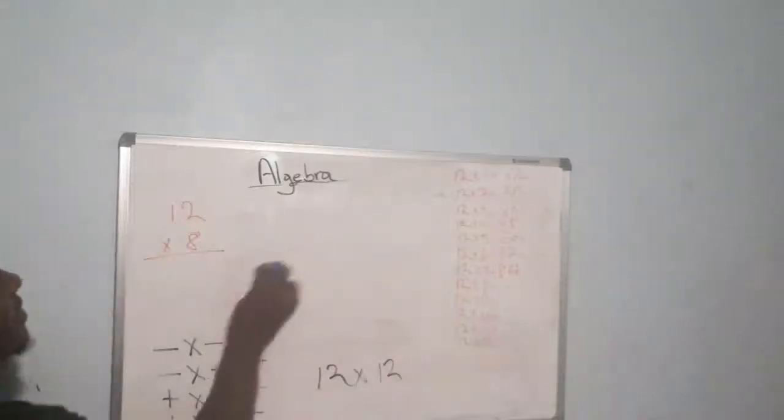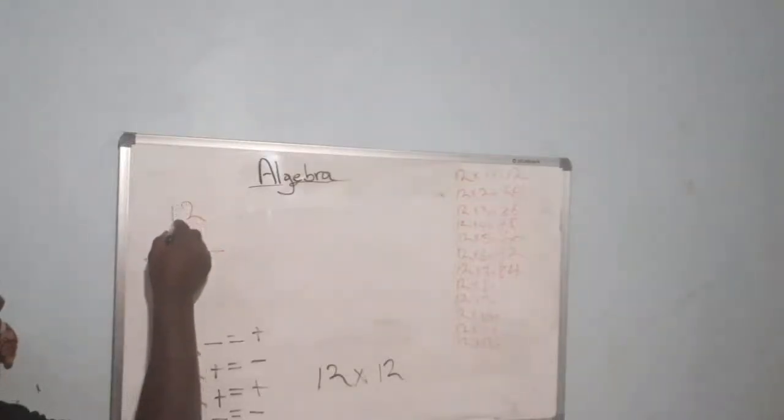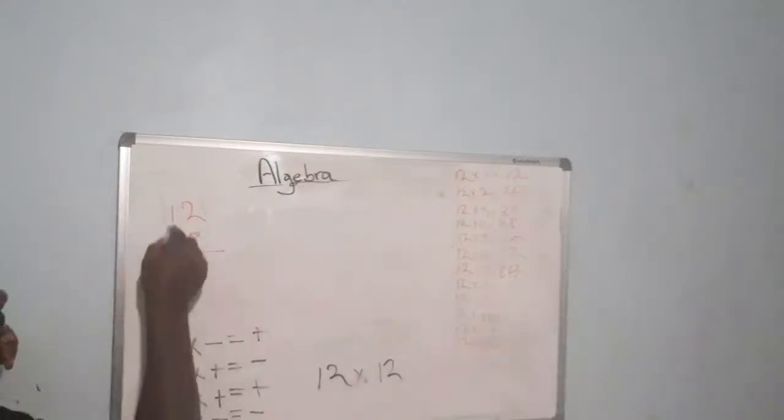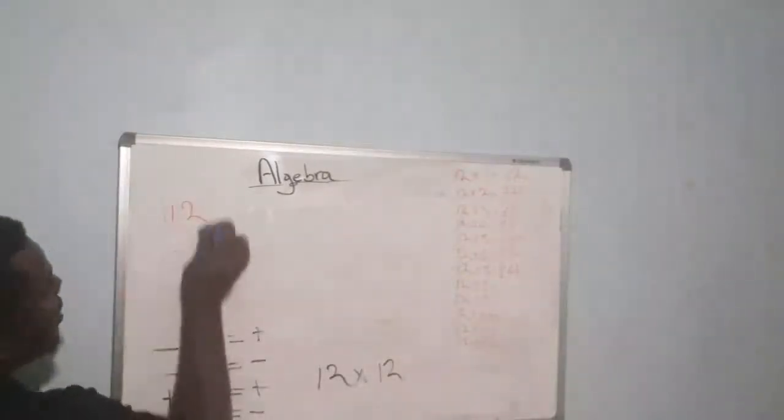So please, in order for you not to get your math confused, try to use up your columns. So that's in one column and that's in another column. Please always try to have them in order.